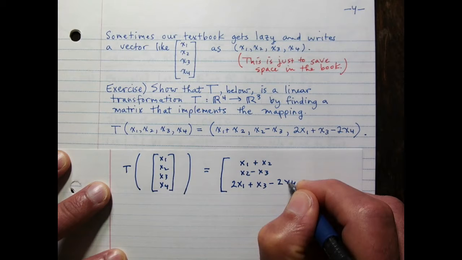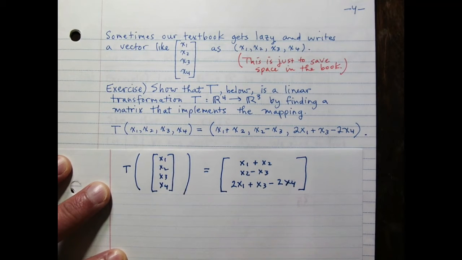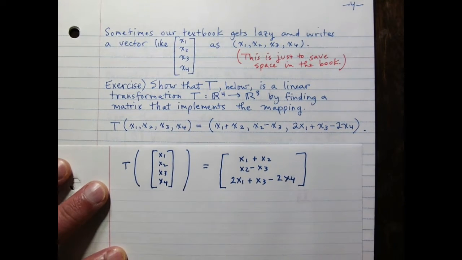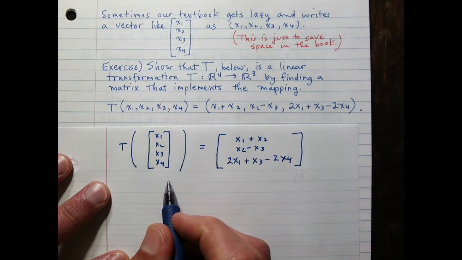Now what we're doing to these variables seems very linear. We're just taking linear combinations of entries, so it seems like it's a linear transformation, but if we can find that matrix that defines it, then that will take care of this problem.